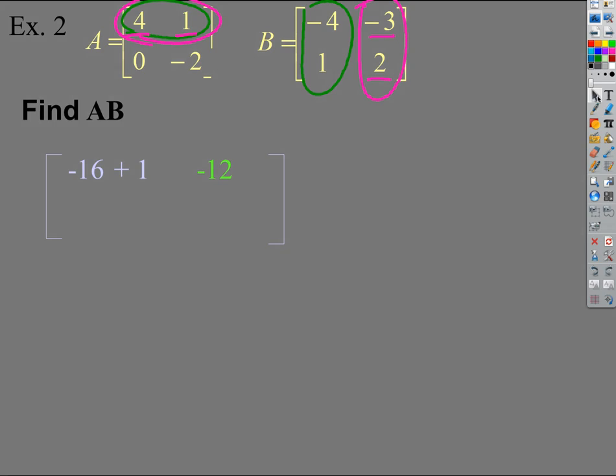So it's going to be negative 12 plus 2. Okay, make sense? Okay, if I want to find the row 2, column 1 product, then I've got to superimpose, of course, row 2 with column 1. So what's the first product going to be that I'm adding up?